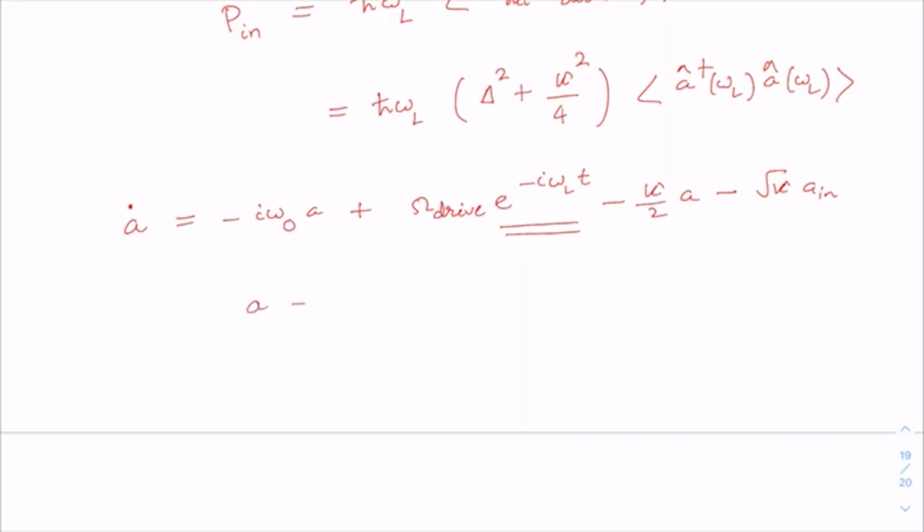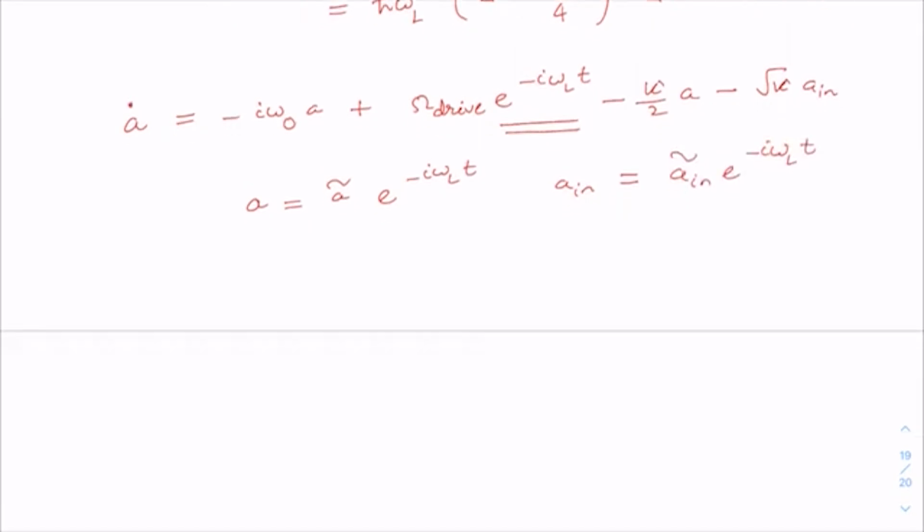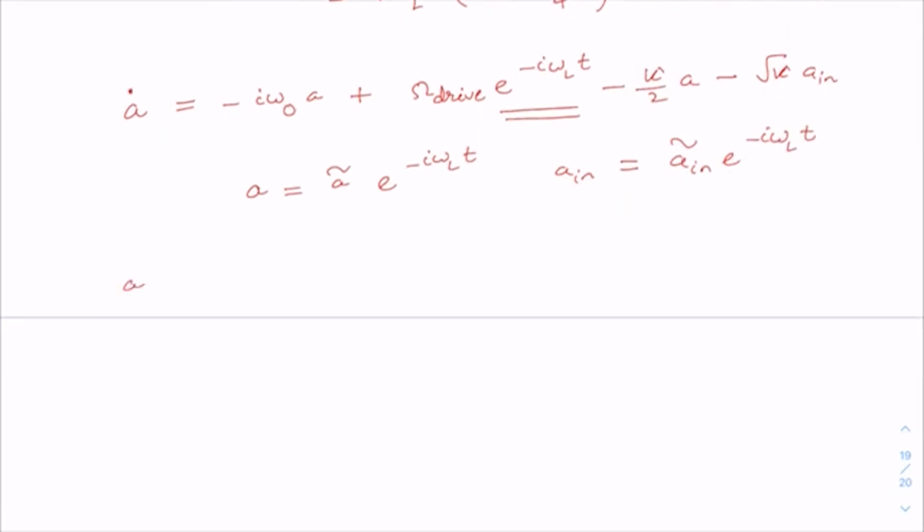I take a change of variable: A is equal to A tilde e to the power minus i omega L t, and A in is A in tilde e to the power minus i omega L t. If I do that, I will be able to get an equation in terms of A tilde. So A tilde dot is equal to i delta A tilde plus omega drive, minus kappa by 2 A tilde, minus square root of kappa A tilde in.